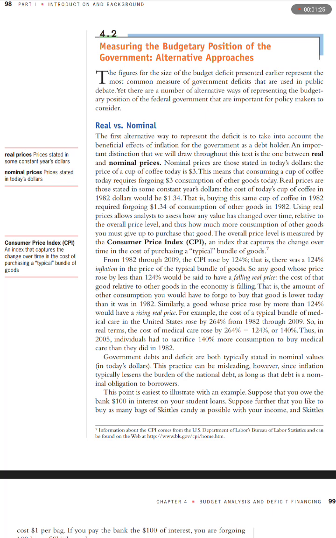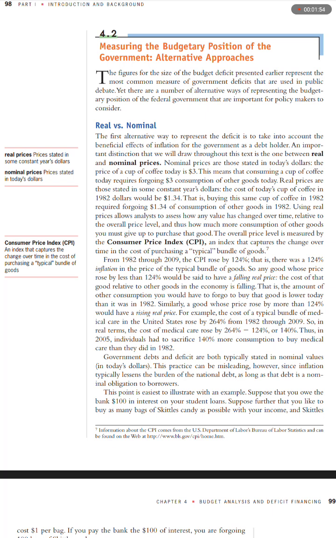Real prices are those stated in some constant year's dollars. The cost of today's cup of coffee in 1982 dollars would be $1.34. That is, buying the same cup of coffee in 1982 requires foregoing $1.34 of consumption of other goods in 1982.